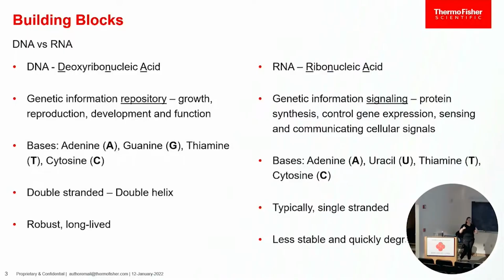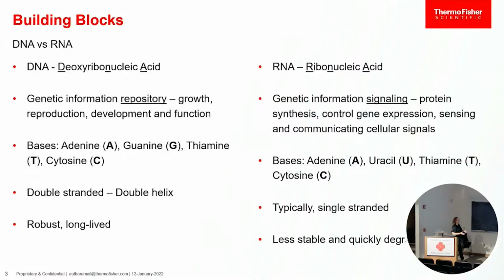Because it's the signaler, how much of it you make, when you make it, and what the sequence of it is all have an impact on what happens downstream. So it's positioned as a very important molecule. In contrast to DNA, we have adenine, uracil, guanine, and cytosine. It's typically single-stranded, not always, but typically.